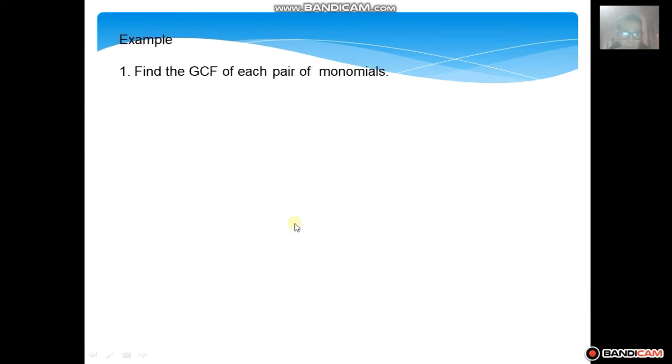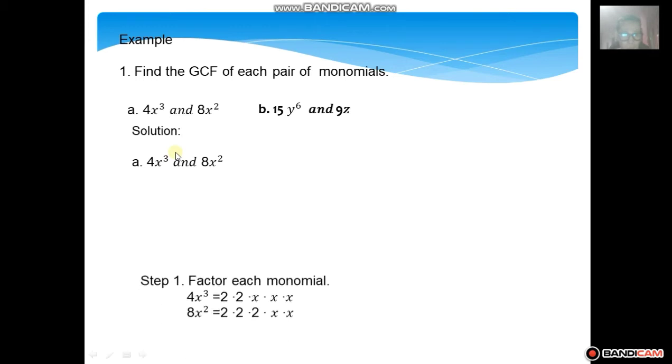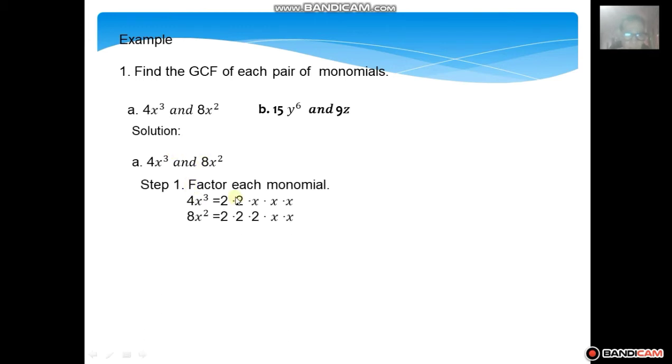Okay? Example number 1, find the GCF of each pair of monomials. We have problem A and B. So let us first answer letter A. Solution. So these are now the steps in finding the GCF of given terms.